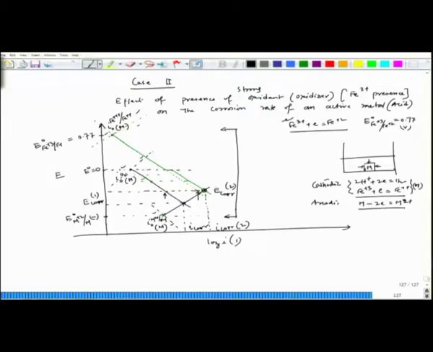So now let us say this is I_C of H2, and this is I_C of Fe+3 to Fe+2.